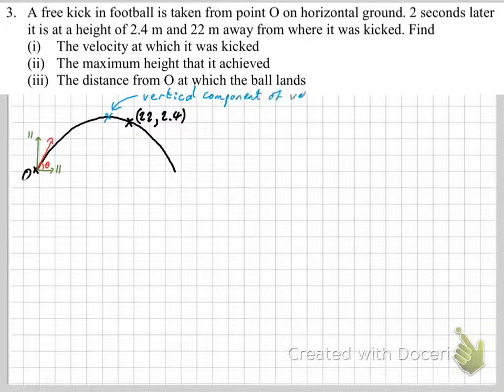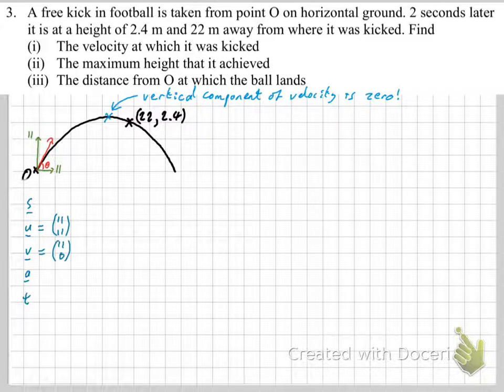So, suvat. Now, our initial velocity is 11, 11. Our final velocity is 11, 0. So remember, we're not actually going to need to know that this is 11.